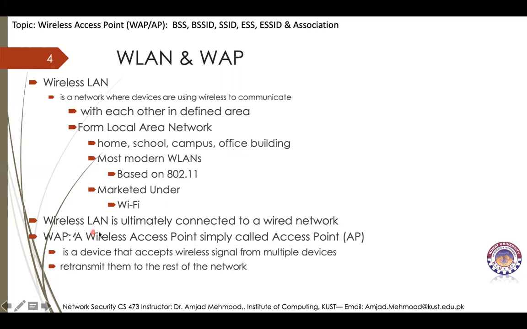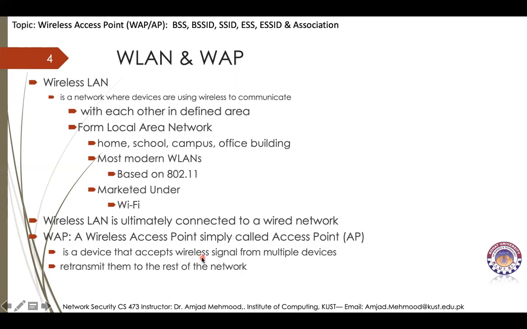Normally it is imagined that in wireless network we don't have wires. Actually, at the edges you don't have wires, but above that all the network is wire based. So all the network is connected with the wires. So WAP, a wireless access point, simply called access point, is a device that accepts wireless signals.